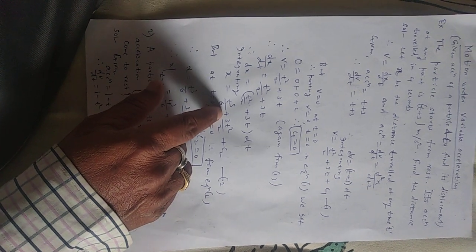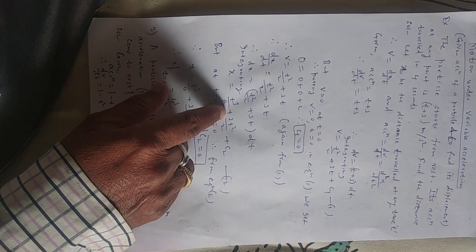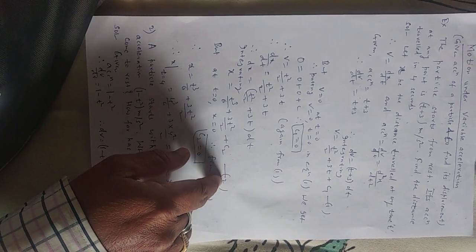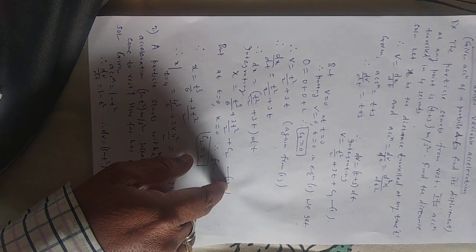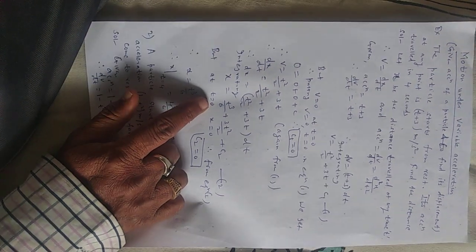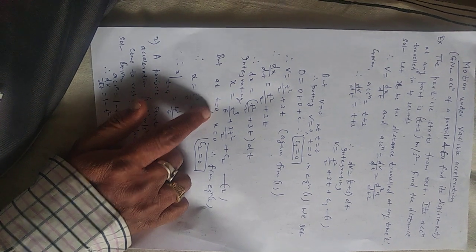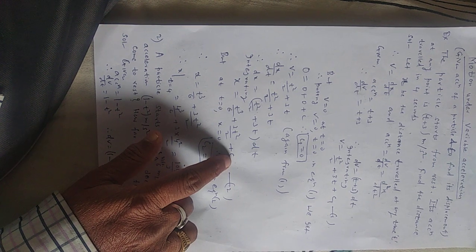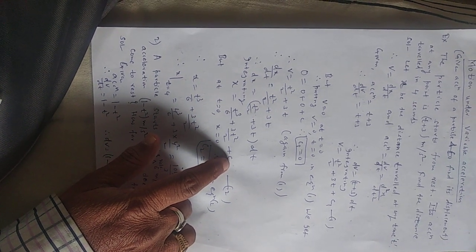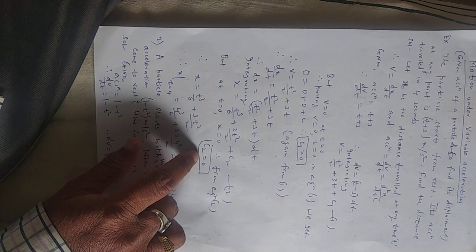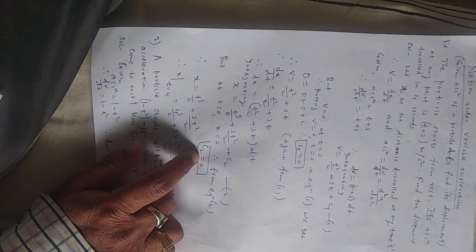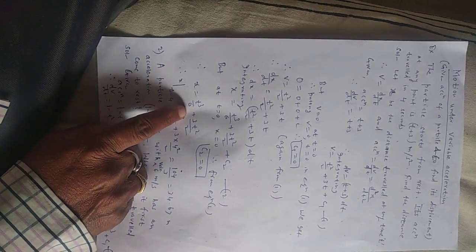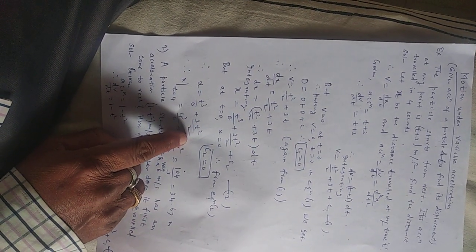x is equal to integration of t square by 2, that is t cube by 6, integration of 3t, that is 3t square by 2, plus another constant c2. Equation number 2. Again we use the initial condition, that is when t is equal to 0, x is equal to 0, and therefore putting these values in equation 2, we get the second constant c2 as 0, and equation 2 becomes x is equal to t cube by 6 plus 3t square by 2.